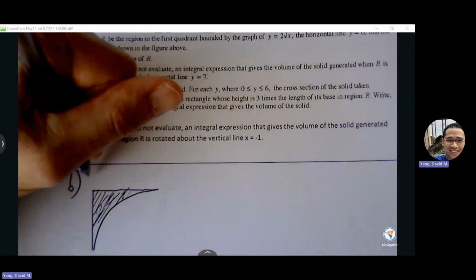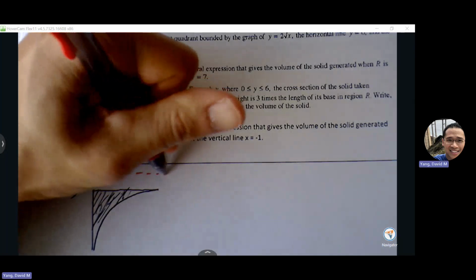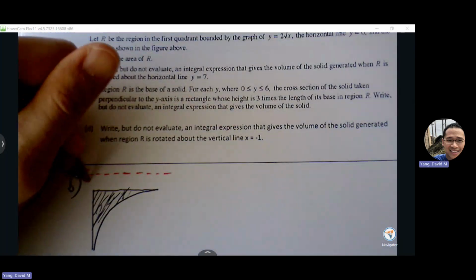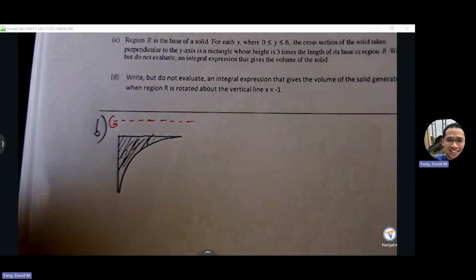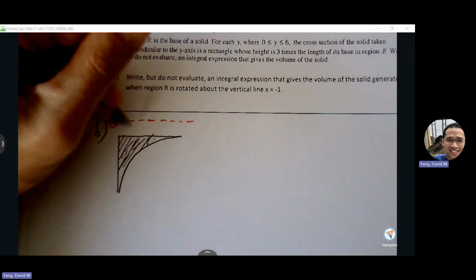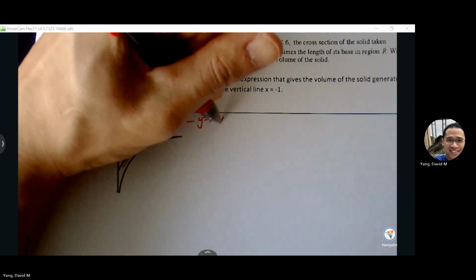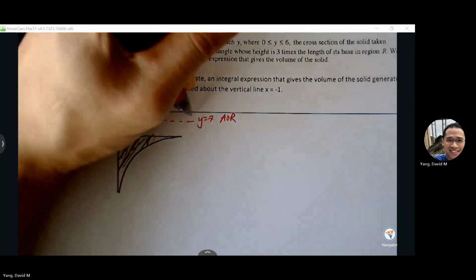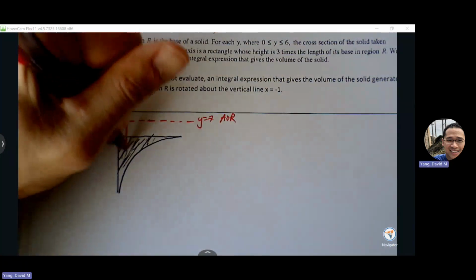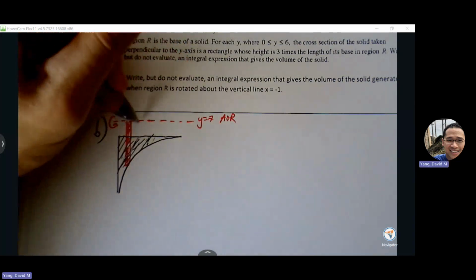So we can see y equals 7 is clearly off of the shaded region. There's a gap, there's a hole. And because of that rotation and that hole, we're going to use the washer method. We need to draw 2 radii, one radius that extends from the axis to the furthest boundary, and one radius that extends from the axis to the closer boundary.